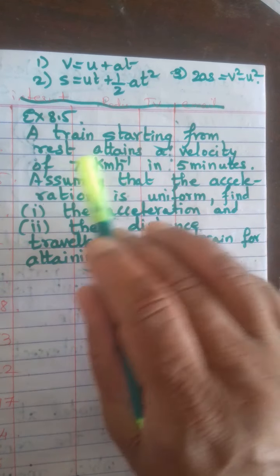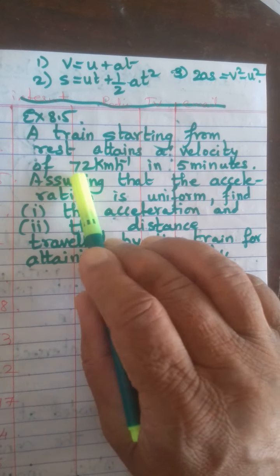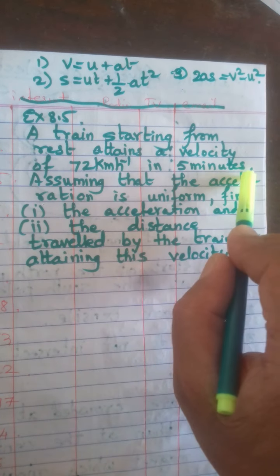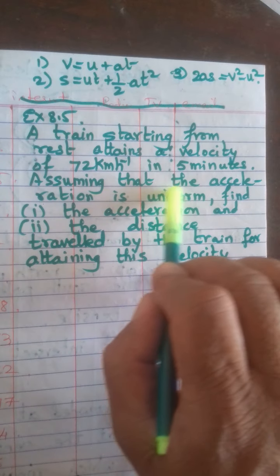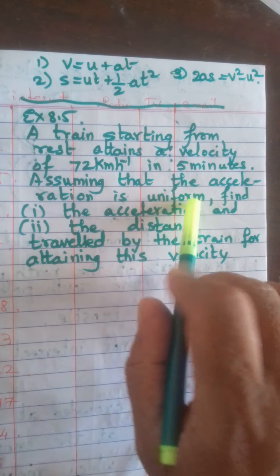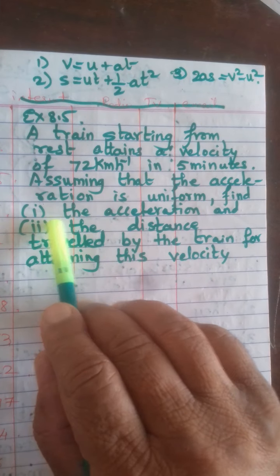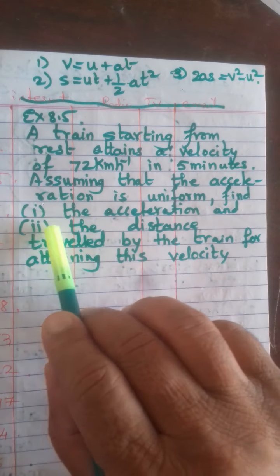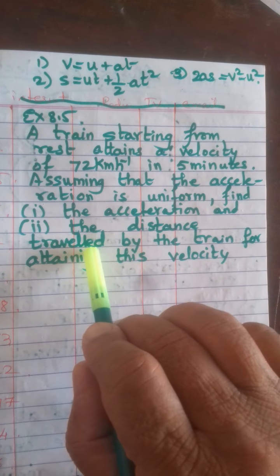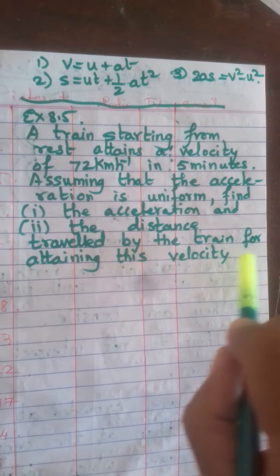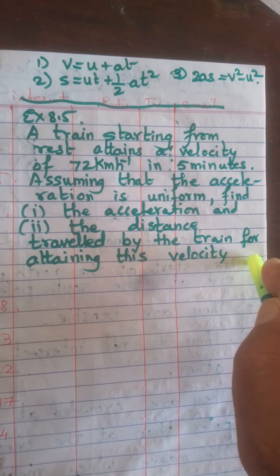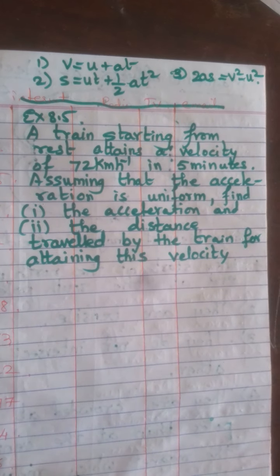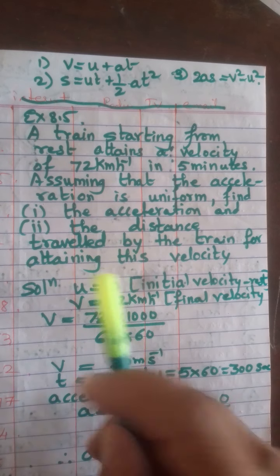Assuming that the acceleration is uniform, find first, the acceleration, and second, the distance traveled by the train for attaining this velocity. Now let us see the solution.